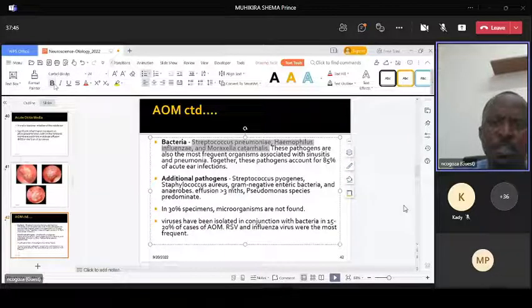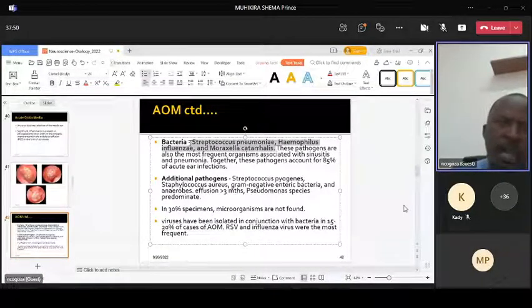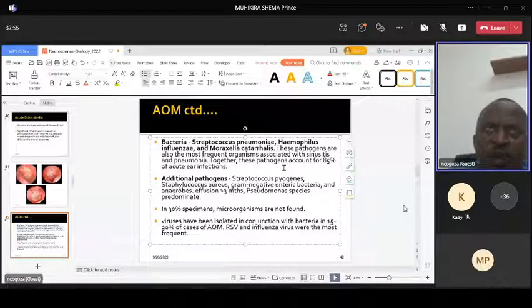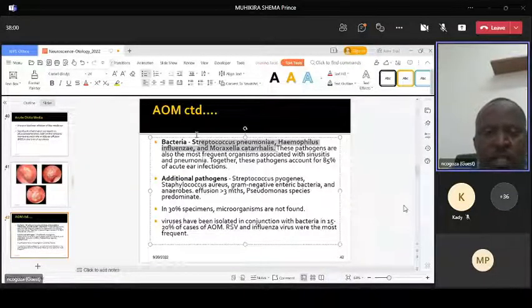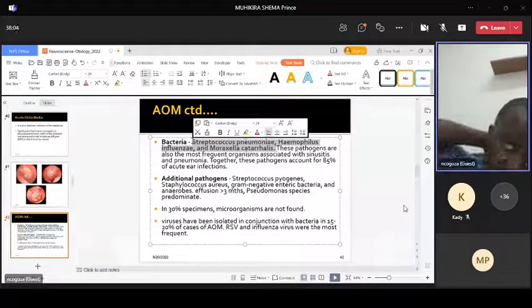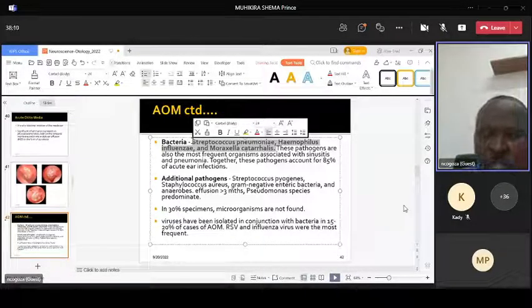This will come all the time, those 3 germs. You have to know them, because even the antibiotic that you are going to prescribe will depend on the pathogens. What you prescribe in the case of otitis externa is different from what you prescribe in the case of otitis media, because the pathogens are different.